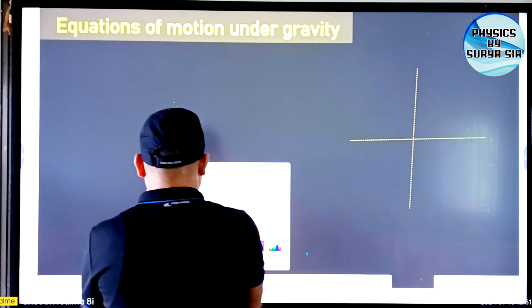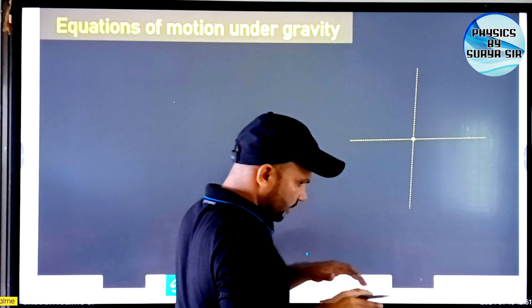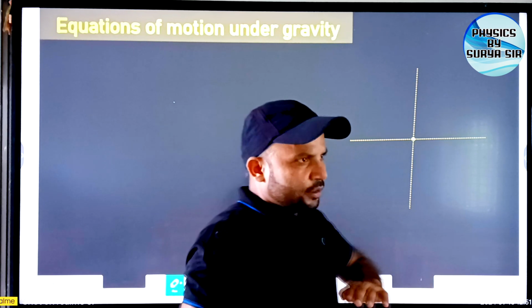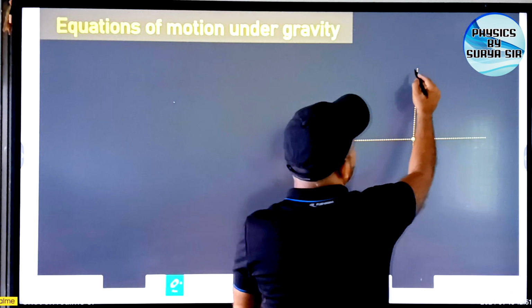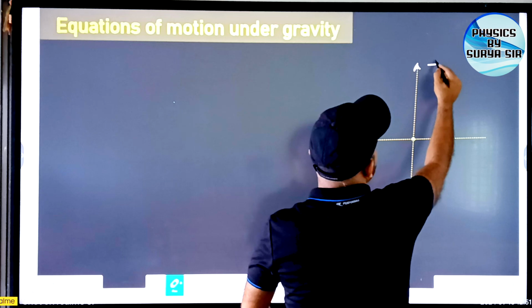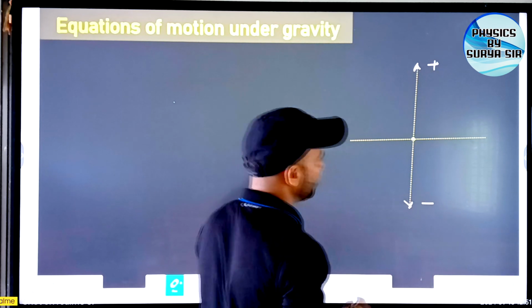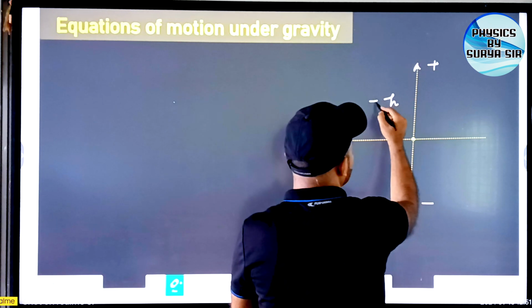See, this is the origin point from where the object is. This is the earth surface. When the object is moving in the upward direction, then we take positive, and when it is moving in the downward direction, it will be negative. If the displacement is in the upward direction, then the displacement will be taken as positive.